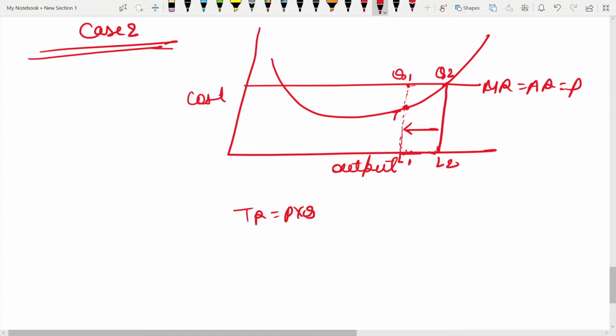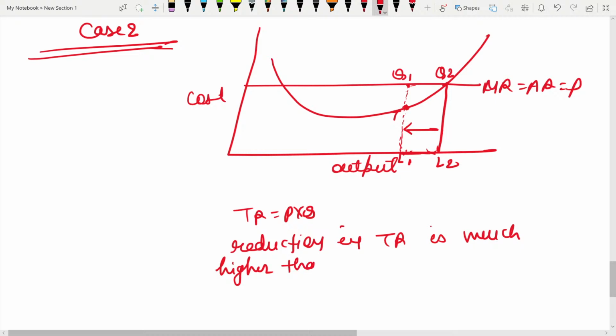So P into Q, we can see that the reduction in TR is much higher than the reduction in TVC.